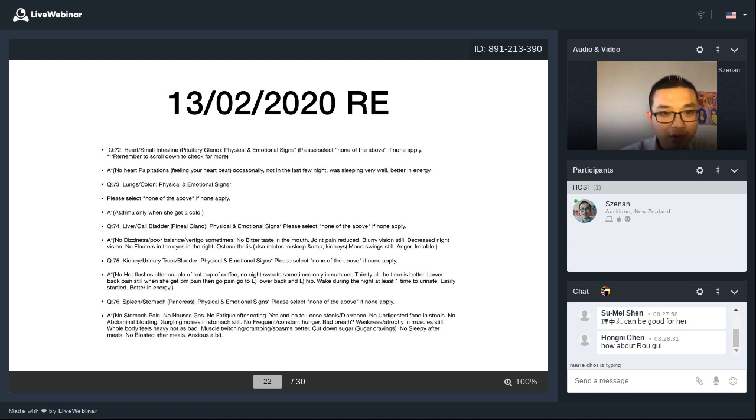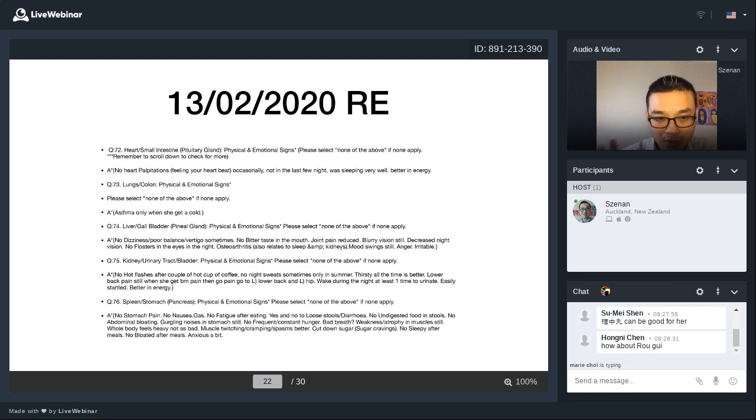So no palpitation for the heart, not in the last few nights anyway. Sleeping very well. Better in energy for the last 4 weeks. Lung we can't tell because the weather is not cold. No dizziness.